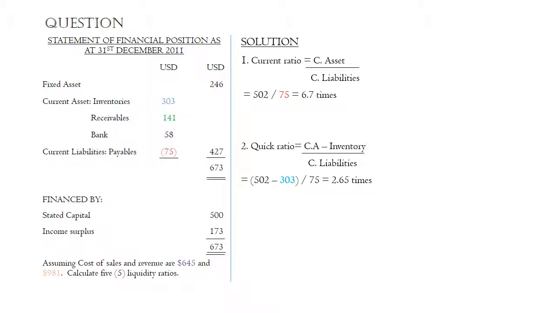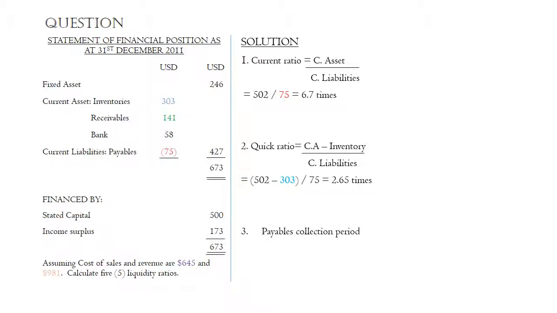So 502 less 303 all over 75, and then we're going to have something around 2.65 times. What it means is that if we take our inventory component out of our current asset, the number of times our current assets can meet our current liabilities is 2.65 times.